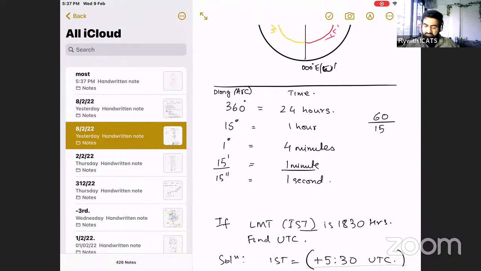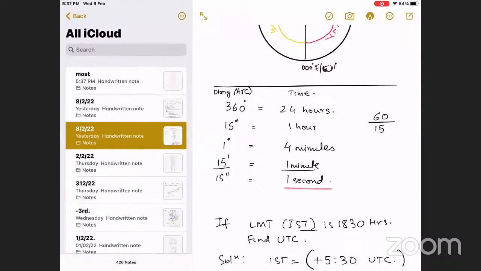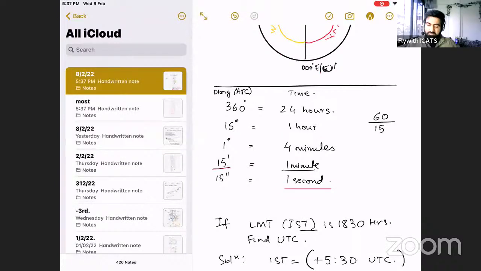It is actually 48 seconds that we have got. 15 minutes of arc actually gives me 1 minute, that is 60 seconds. Because my arc length was less than 15 minutes, it was 12 minutes, my answer is going to be slightly less than 60 seconds. So what I have got, 48, is actually seconds and not minutes.